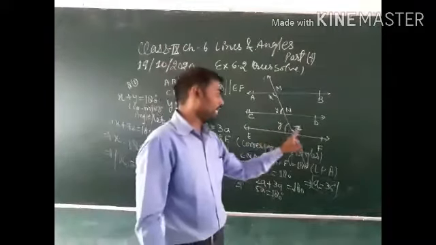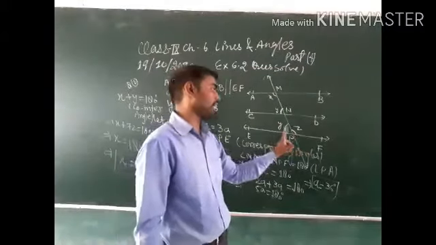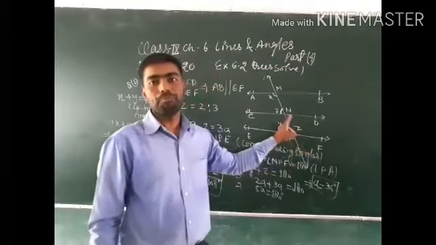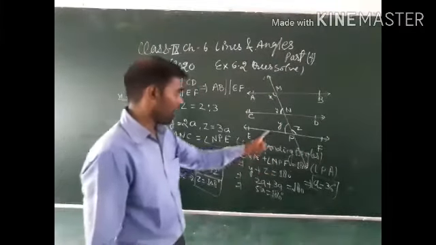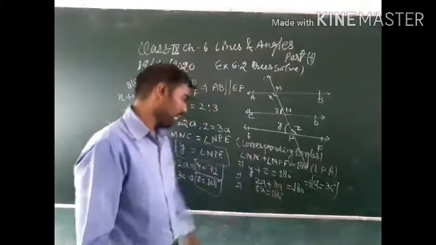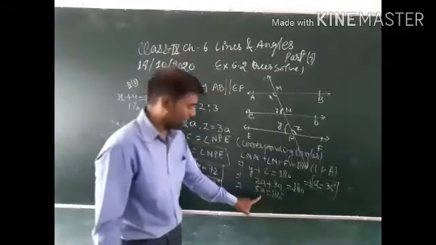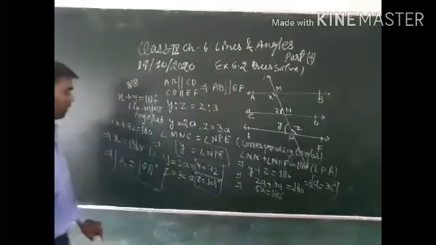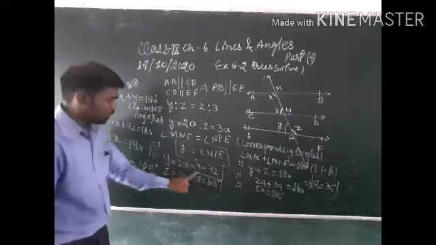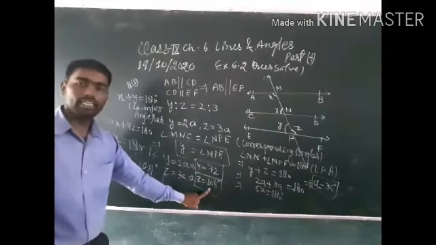Now the sum of angle Y and Z is equal to 180 by linear pair of angles. So the value of Y plus Z is equal to 180, and put the value of Y as 2A and Z as 3A. We find the value of A, and with the help of A, we find the value of Y is equal to 72 and Z is equal to 108.